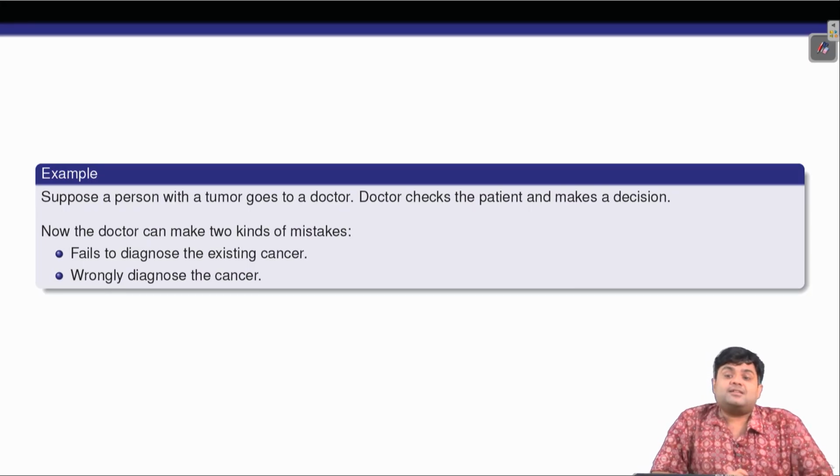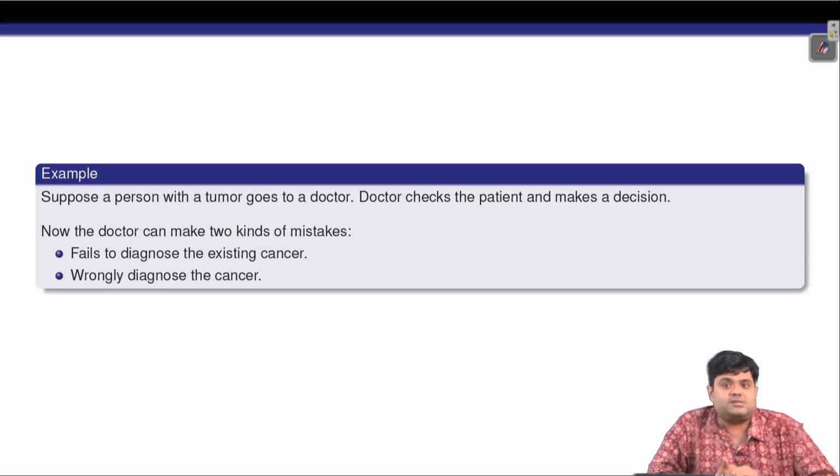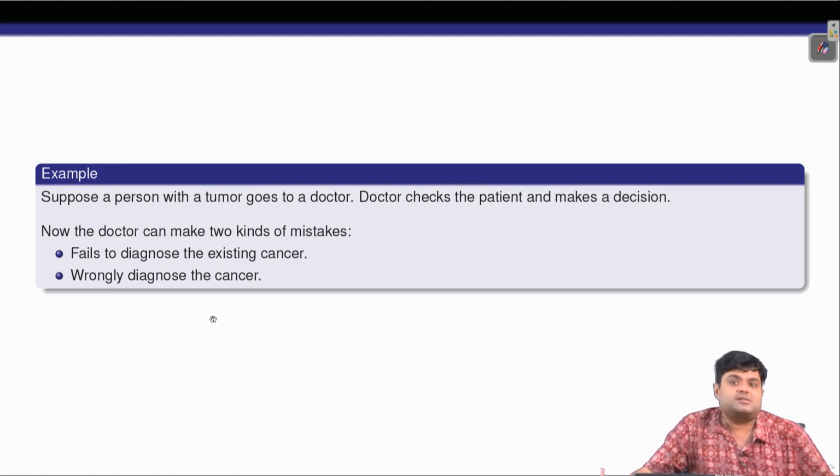So this was another example, not very similar to question 2, whether the average height of an Indian person is more than 7 feet or not. But here also there is some purpose.